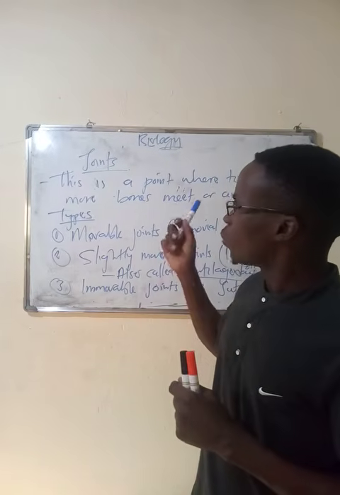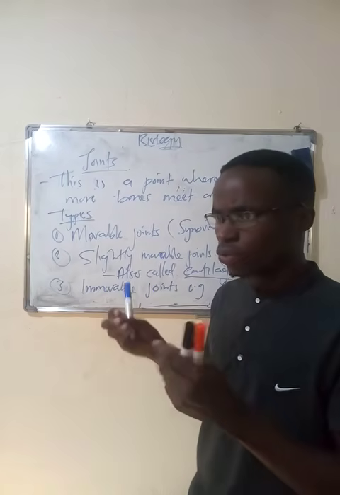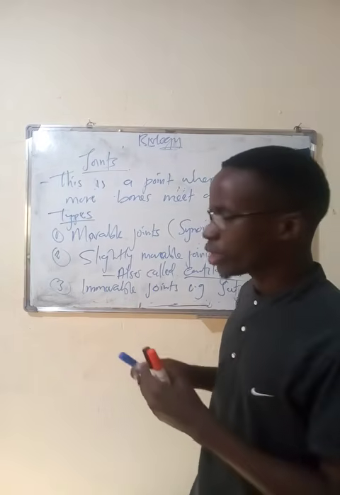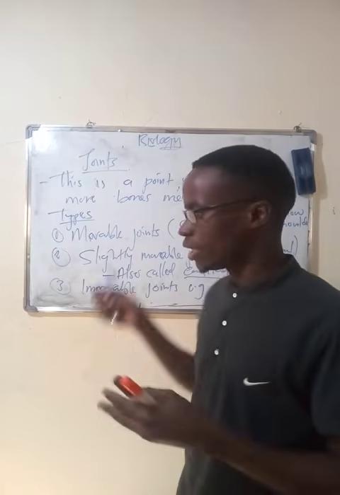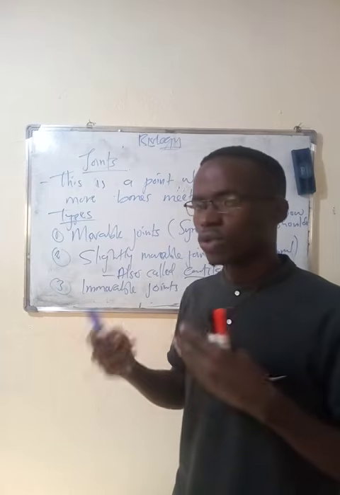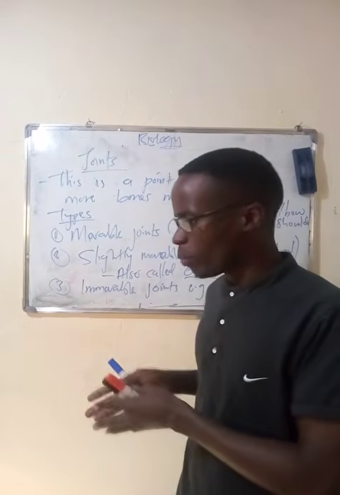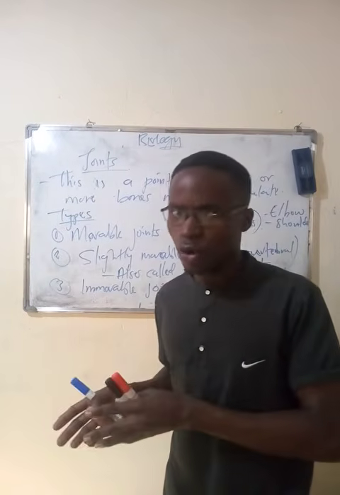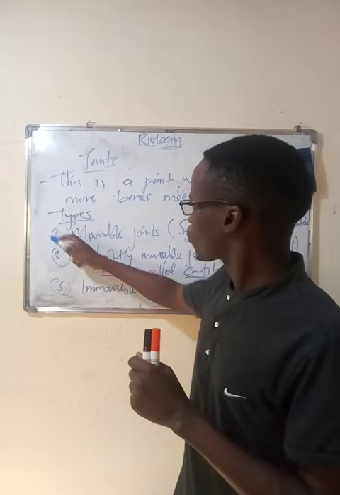Now we said that we're going to discuss bones under joints, because a joint is a point where two or more bones are meeting and articulating, isn't it? So as we talk about the joints, we're also going to be talking about some of the important bones for the purposes of biology grade 12. Then we talked about the types of joints.